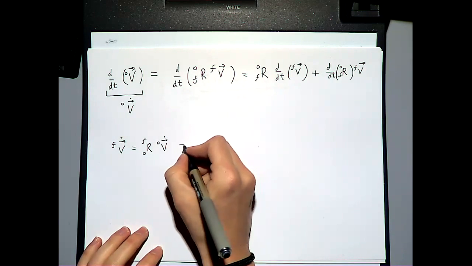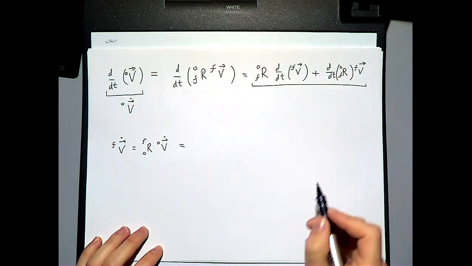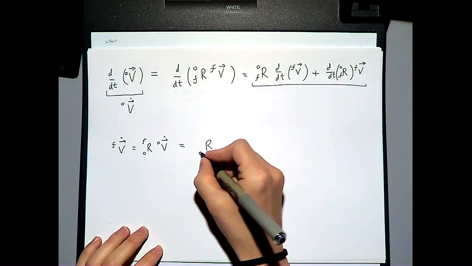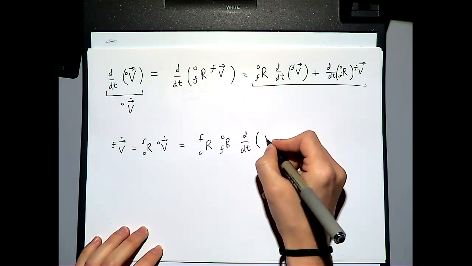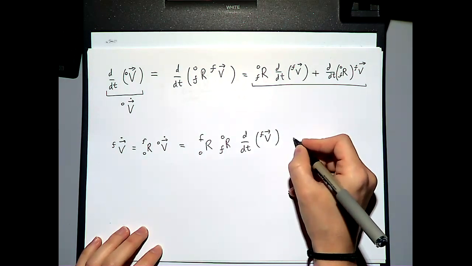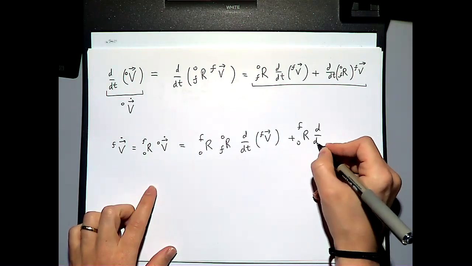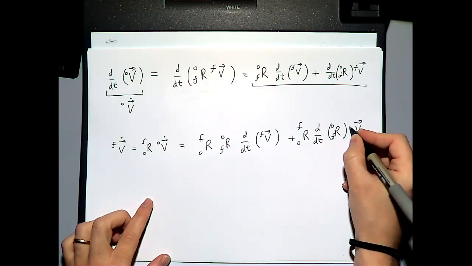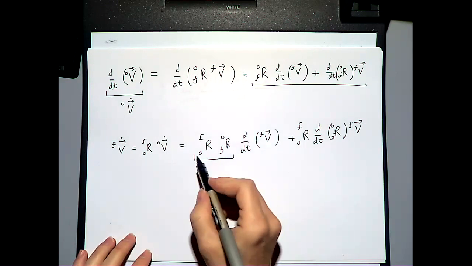This is also going to work because we already trust the rotation matrix to correctly rotate vectors. So multiplying this entire equation by r from 0 to f, what are we getting? R from 0 to f, r from f to 0, then the component by component derivative of the vector in frame f straight away, plus r from 0 to f times the component by component derivative of the rotation matrix from f to 0 times v in f. Now, these ones together, what is this?